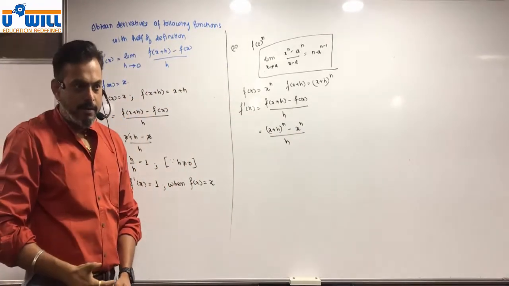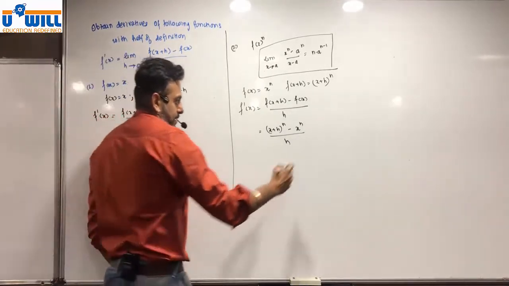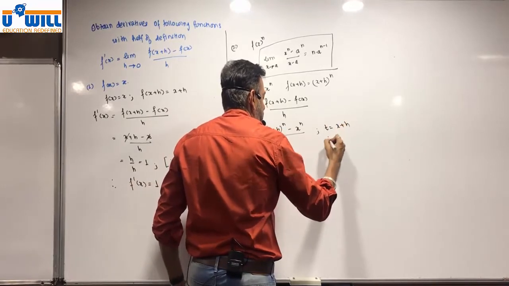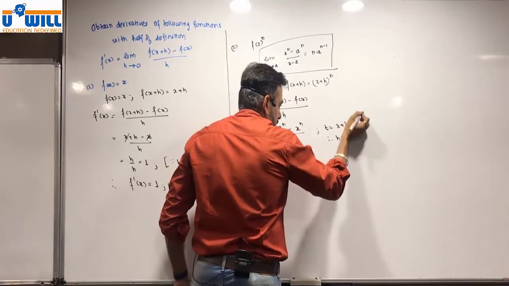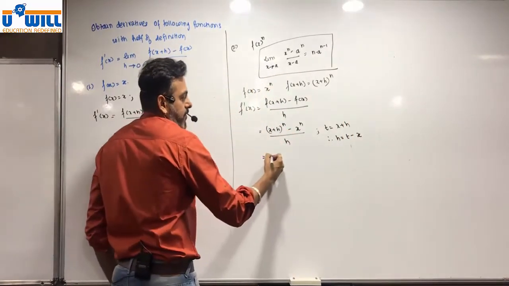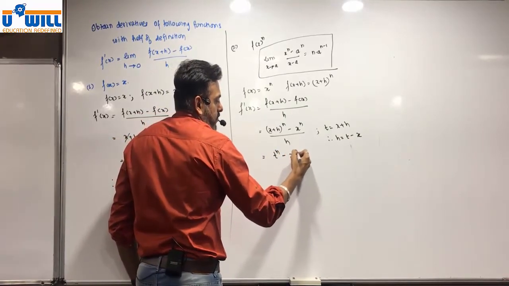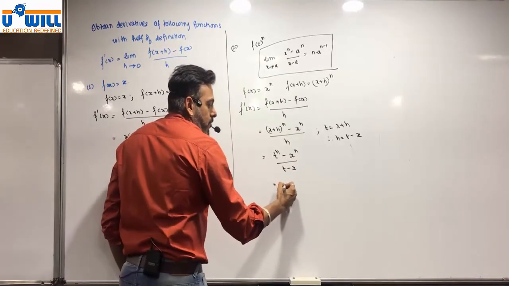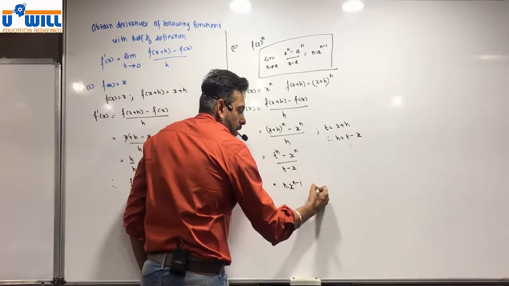Now what? Our favorite time. Okay, t is equal to x plus h. Therefore, sorry, h is equal to t minus x, and this becomes t raised to n minus x raised to n, upon t minus x, which is equal to what? n into x raised to n minus 1.